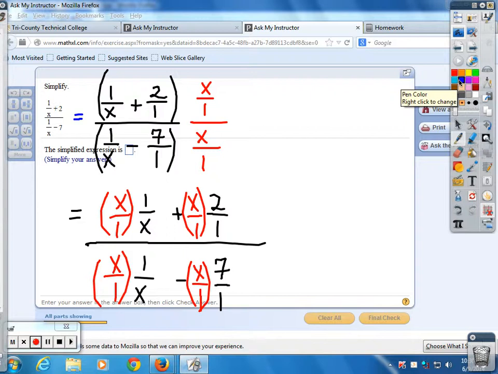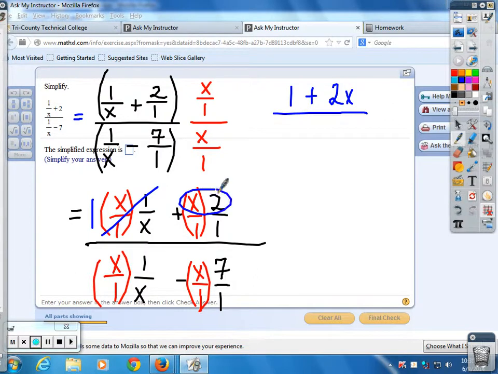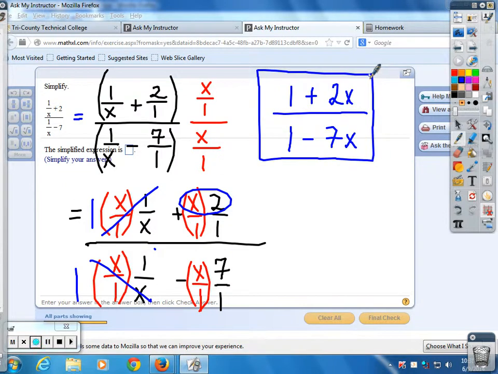That basically x over x and 1 over 1, this whole thing goes out to what? A big 1. And this is 2x, so we got 1 plus 2x over, and that's the 2x right there. X over x, that cancels into a what? 1 minus what? 7x. That's your answer.